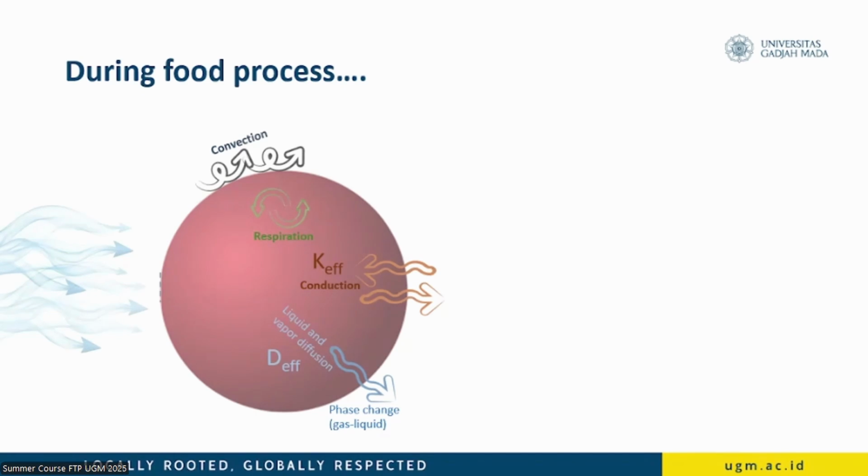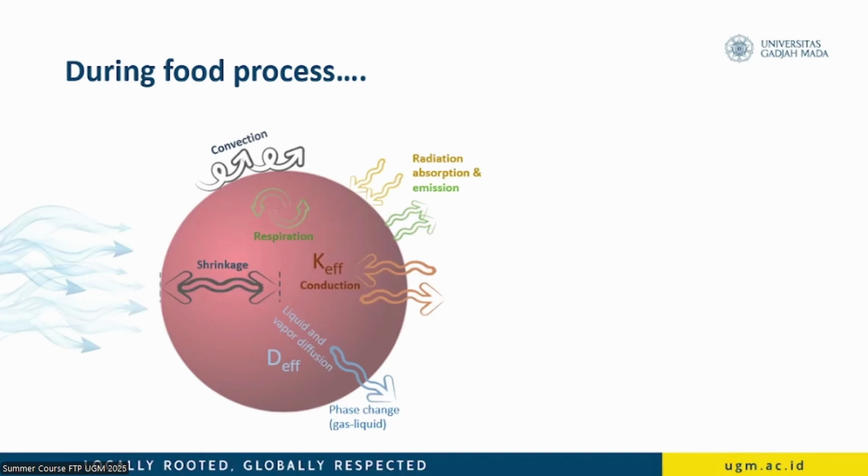This causes liquid and vapor diffusion from the apple to the environment. So the weight of the apple will decrease. And then also shrinkage happens at the same time.